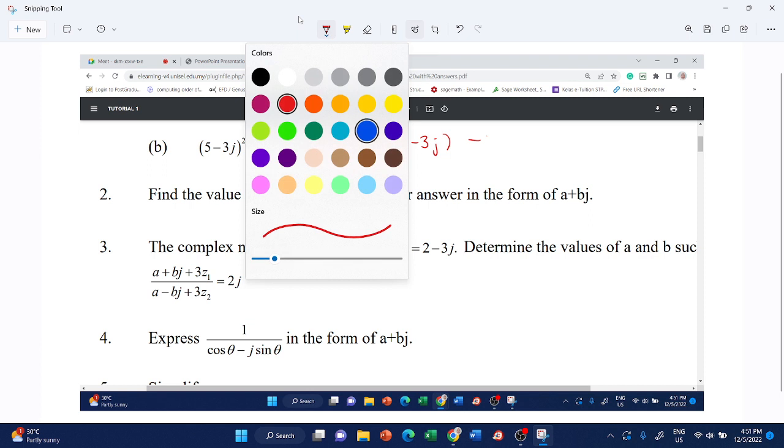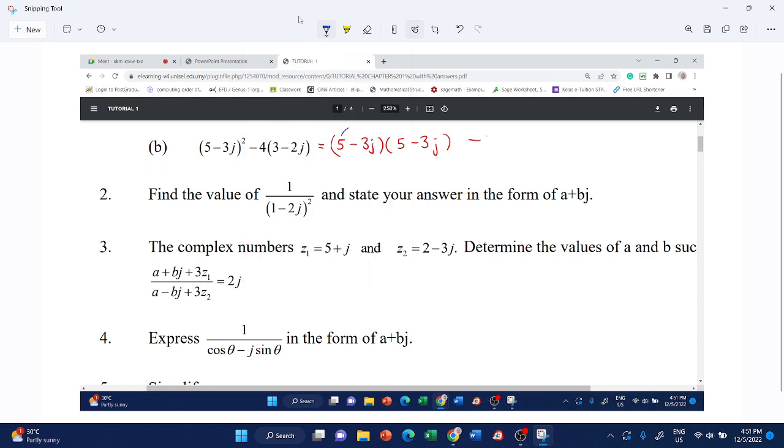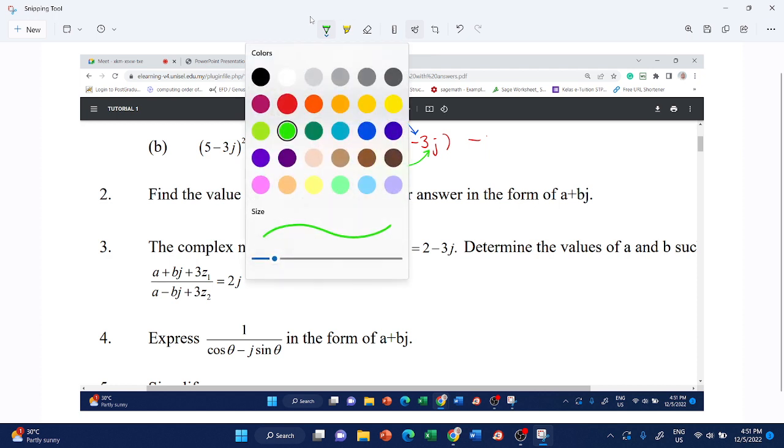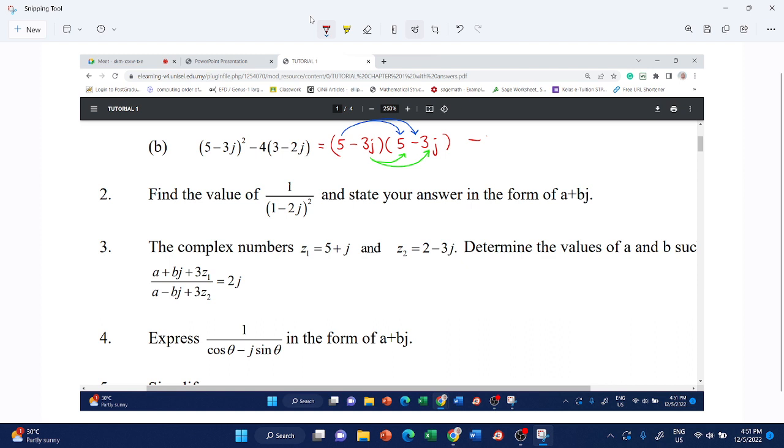Here we need to expand, multiply out. For the other one, you just open the brackets, so we have negative 12 plus 8j.